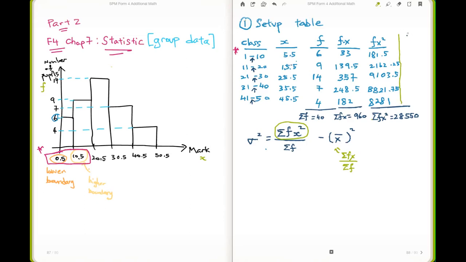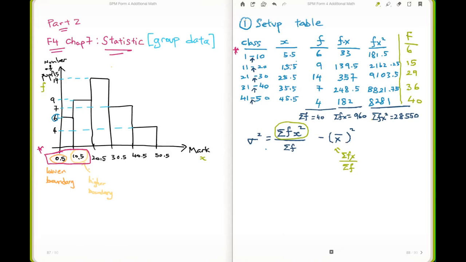It's called the capital F, Cumulative Frequency, whereby here's 6 plus 9 is 15, 15 plus 14 is 29, 29 plus 7 is 36, 36 plus 4 is 40. It's called cumulative frequency. And then from there you will calculate things here and there.